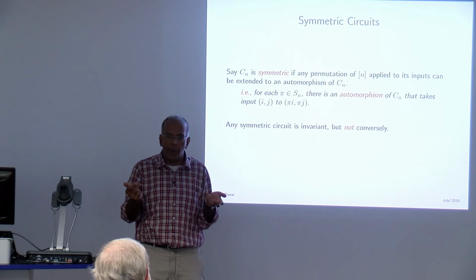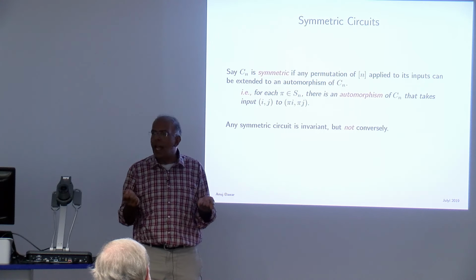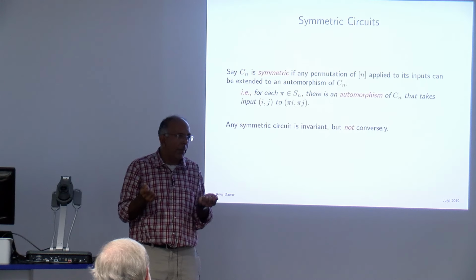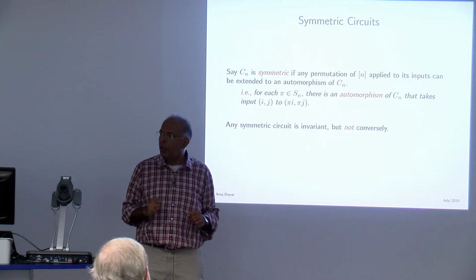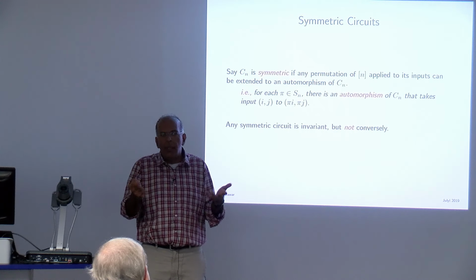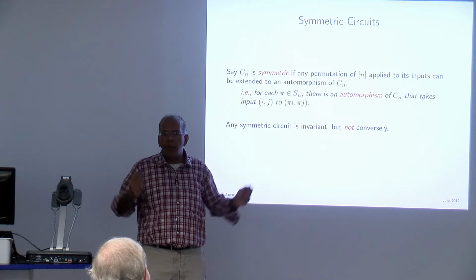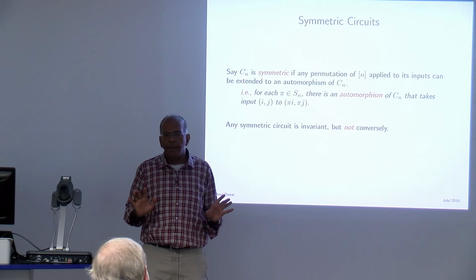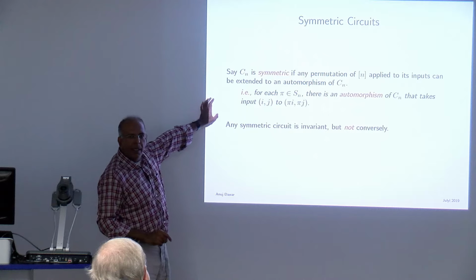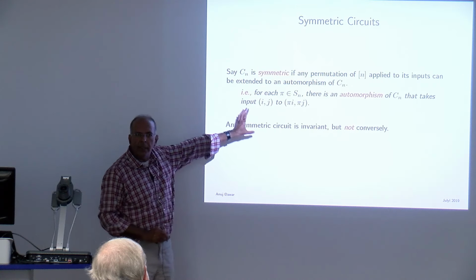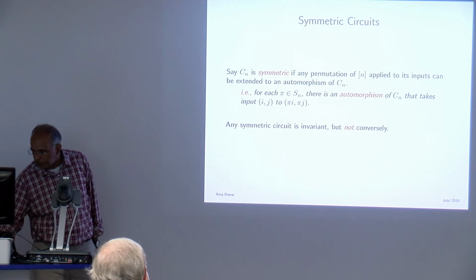So it's an invariant property. But the Gaussian elimination algorithm is not a symmetric algorithm because it involves at each step choosing a pivot around which you eliminate. And depending upon which pivot you choose, you follow different paths in the algorithm which look quite different. Okay? That's the distinction that this is trying to capture between invariant circuits and symmetric circuits.